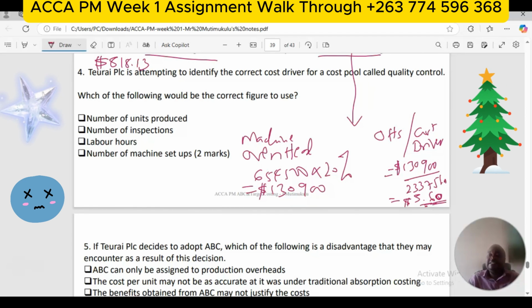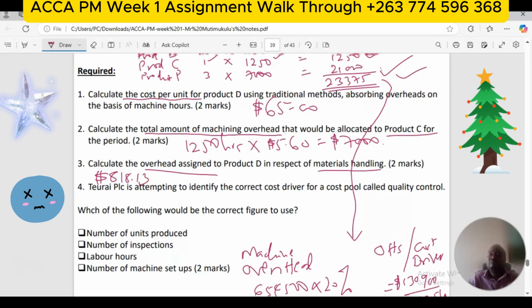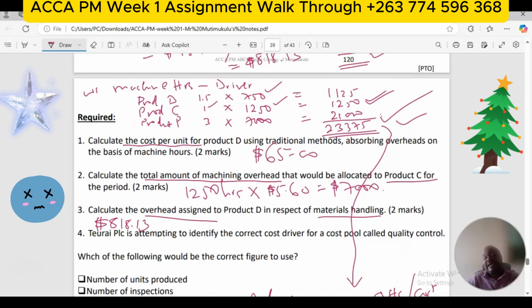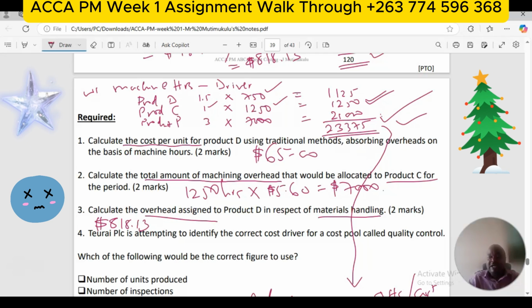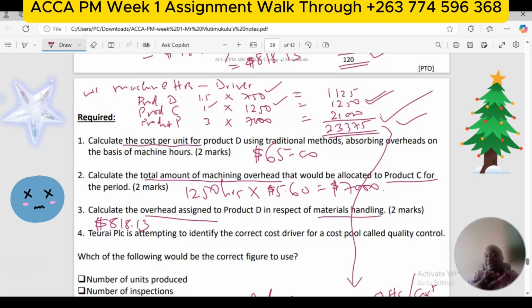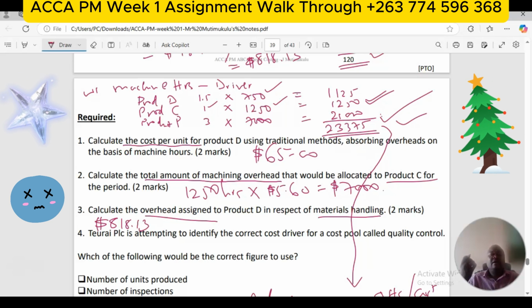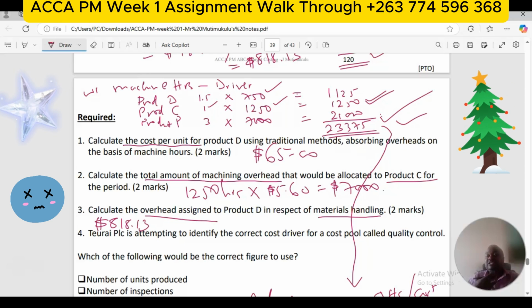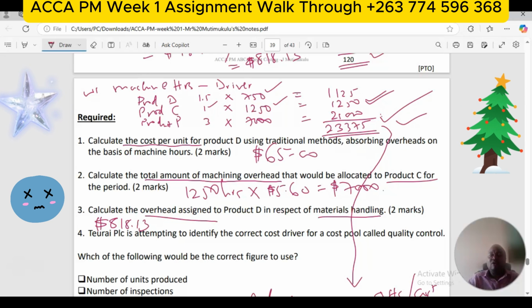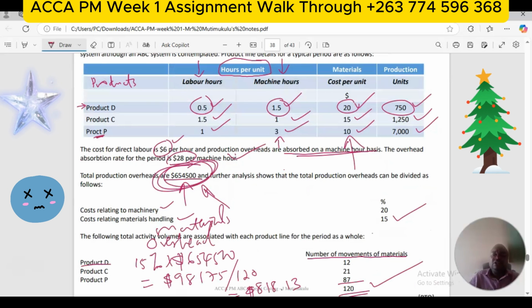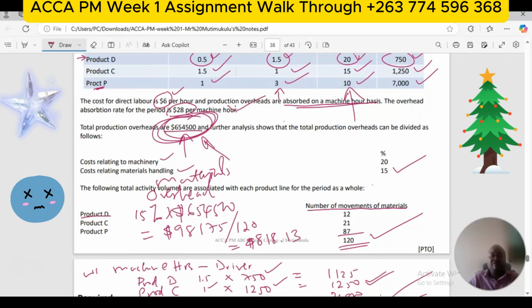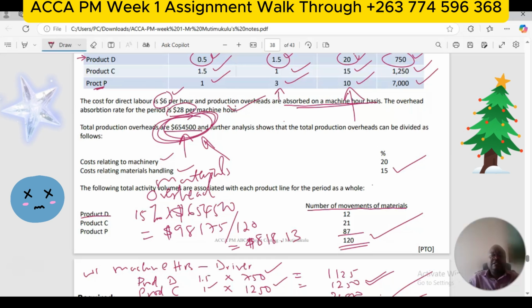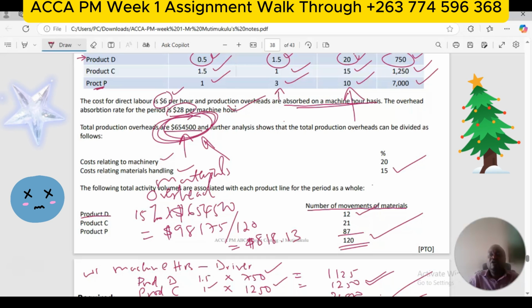So in this regard, the $818.13 is actually reflecting the material handling cost per each movement. So to get the overhead applicable to D, we have to ask ourselves how many material movements occurred for product D. And we can see from this table that product D only had 12 movements.